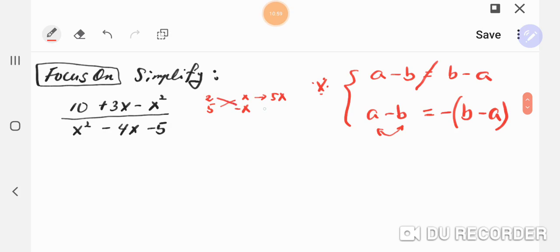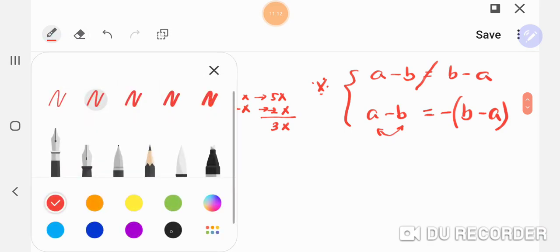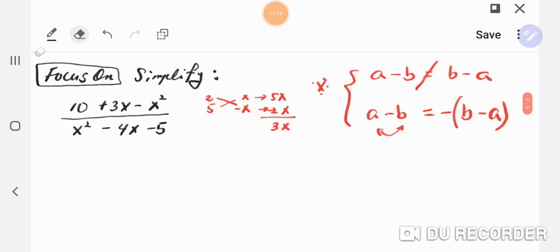This product is negative 2x. So the sum is 3x, which is the same as the second term. So the numerator is 2 minus x times 5 minus x.